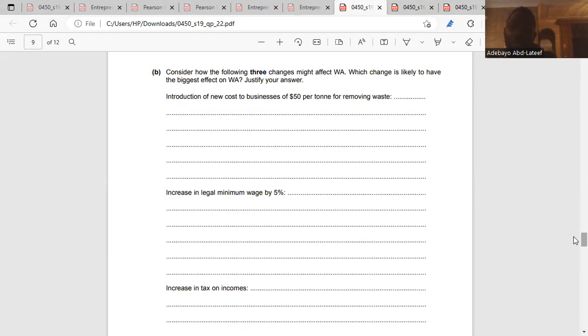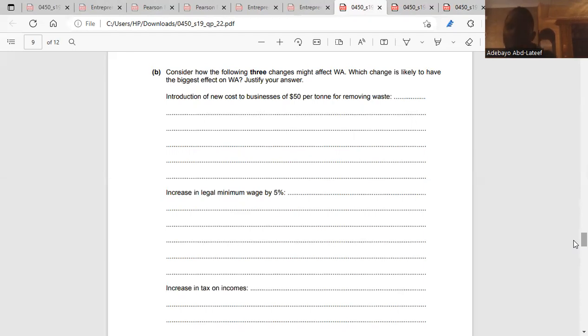That will increase the cost of production for WA, which might mean that profit will fall. At the same time, WA might need to increase its prices, and in so doing, the demand for its product might fall.